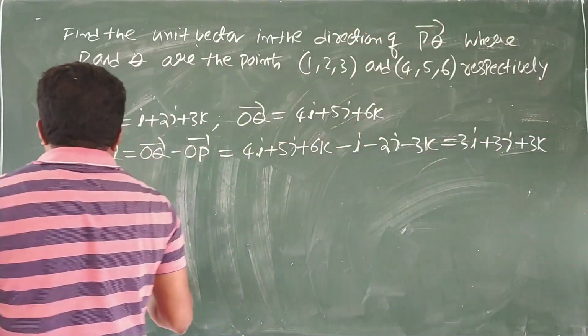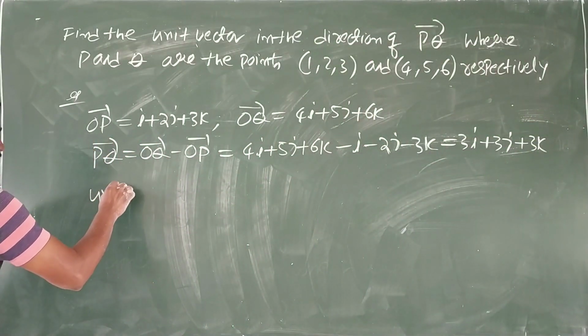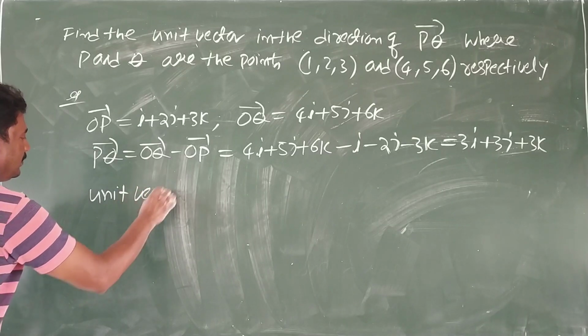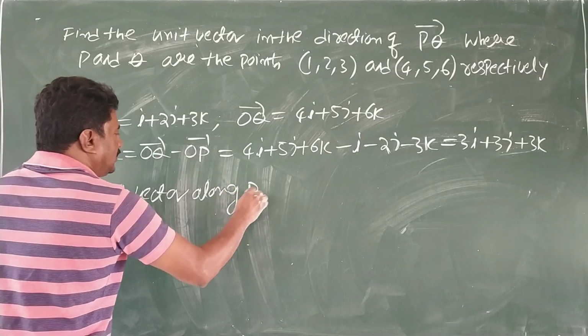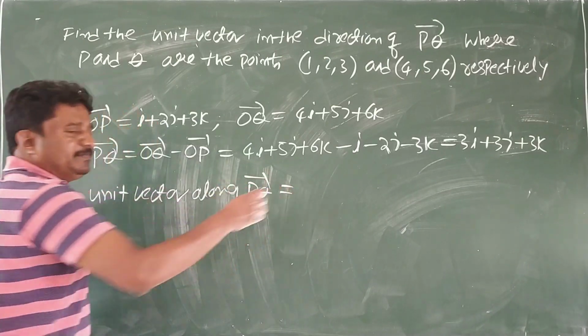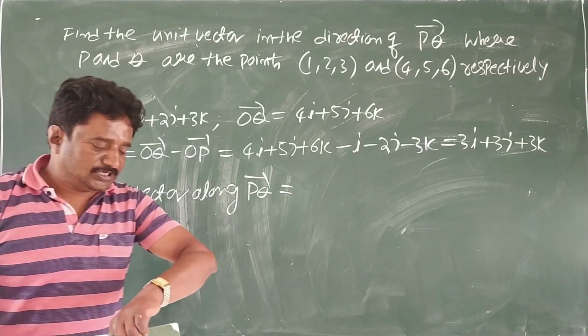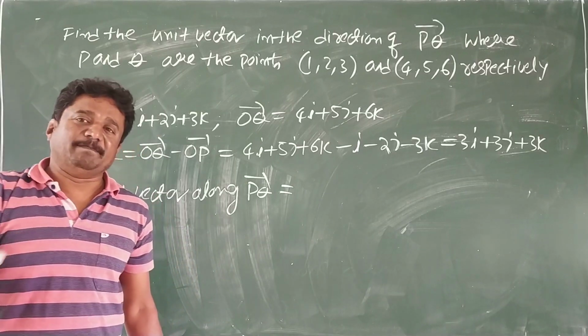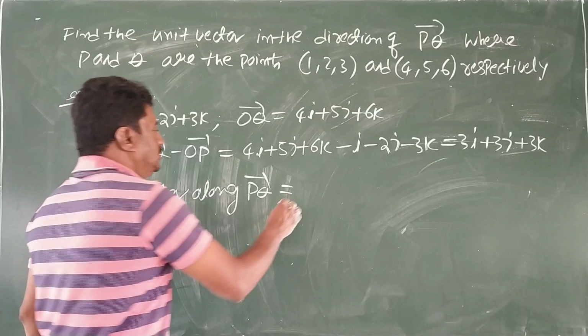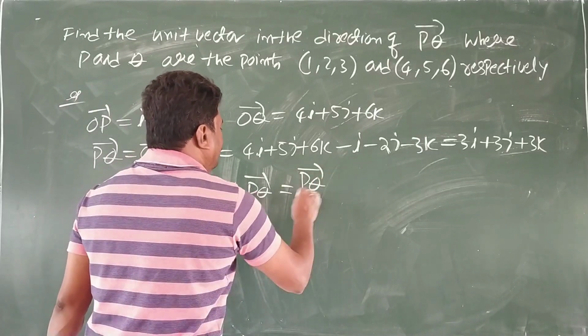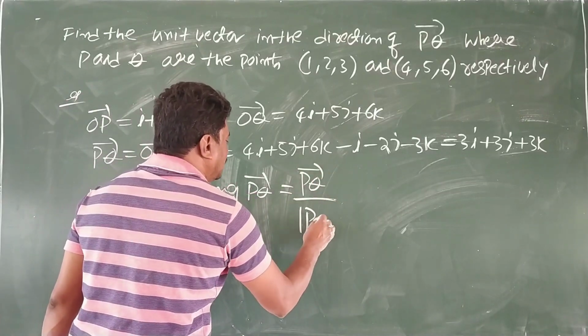Unit vector along vector PQ. Unit vector means vector by its magnitude, that is vector PQ by the length of vector PQ.